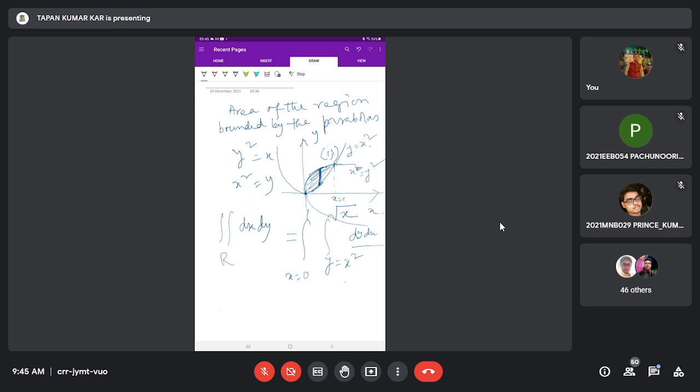Also, I have discussed the Jacobian. I will give you one example and you have to find the Jacobian of the transformation. Okay, I am giving another example.